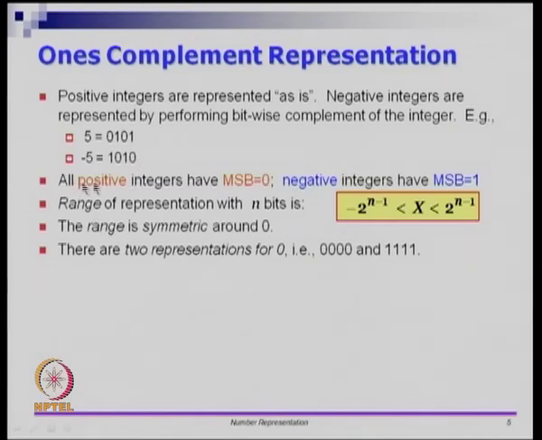So all the positive numbers will have MSB equal to 0 and all the negative numbers will have MSB equal to 1. So according to this bullet point, both signed magnitude representation and ones complement representation have this similarity. If MSB is 0, then it is positive, all negative numbers have MSB equal to 1.